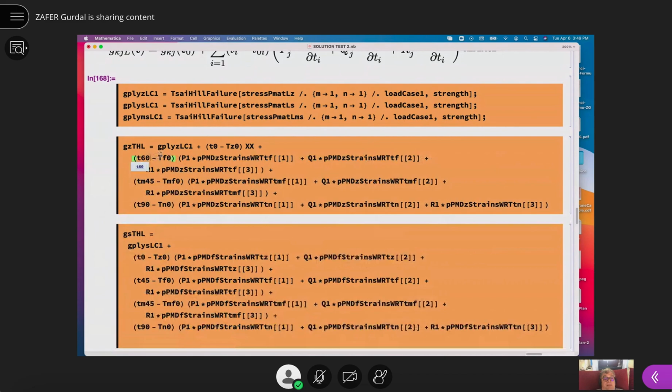T60 minus T60,0. This is also a number, and this needs to be figured out.